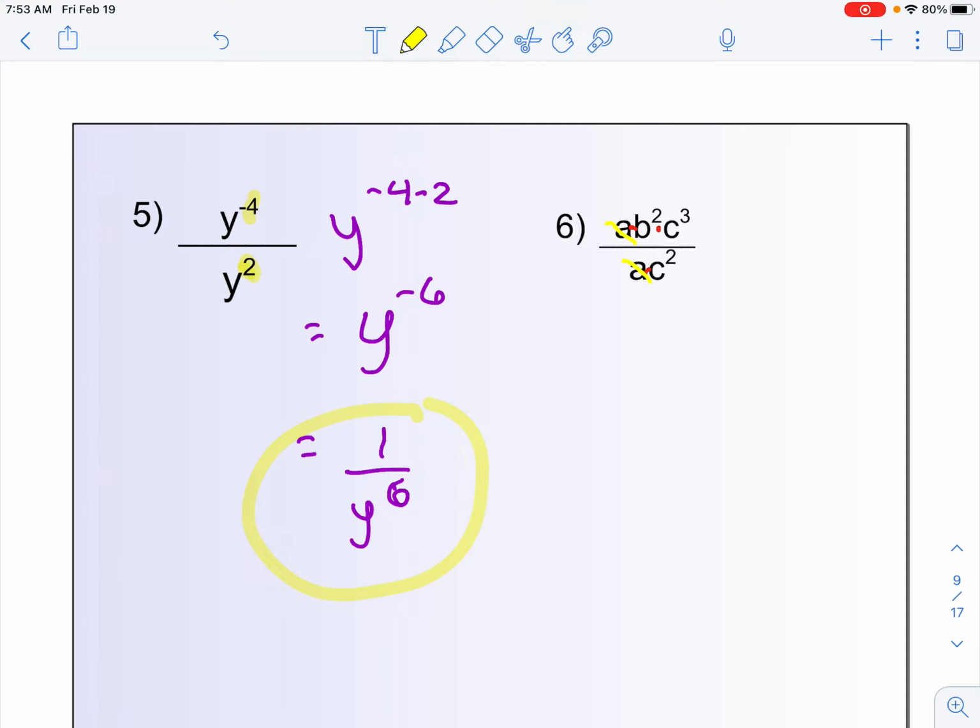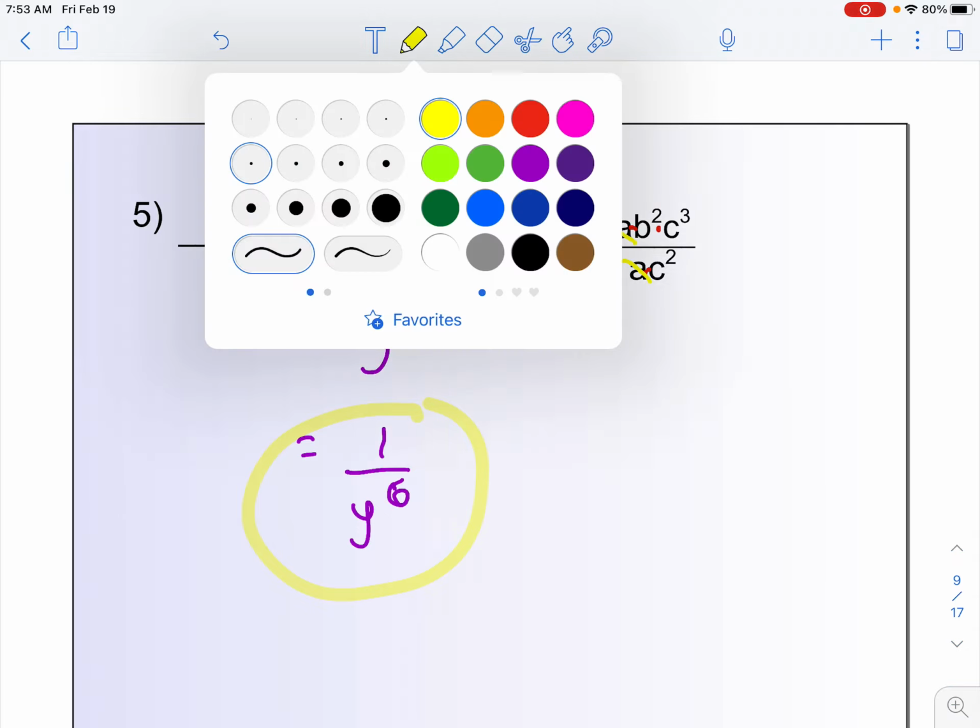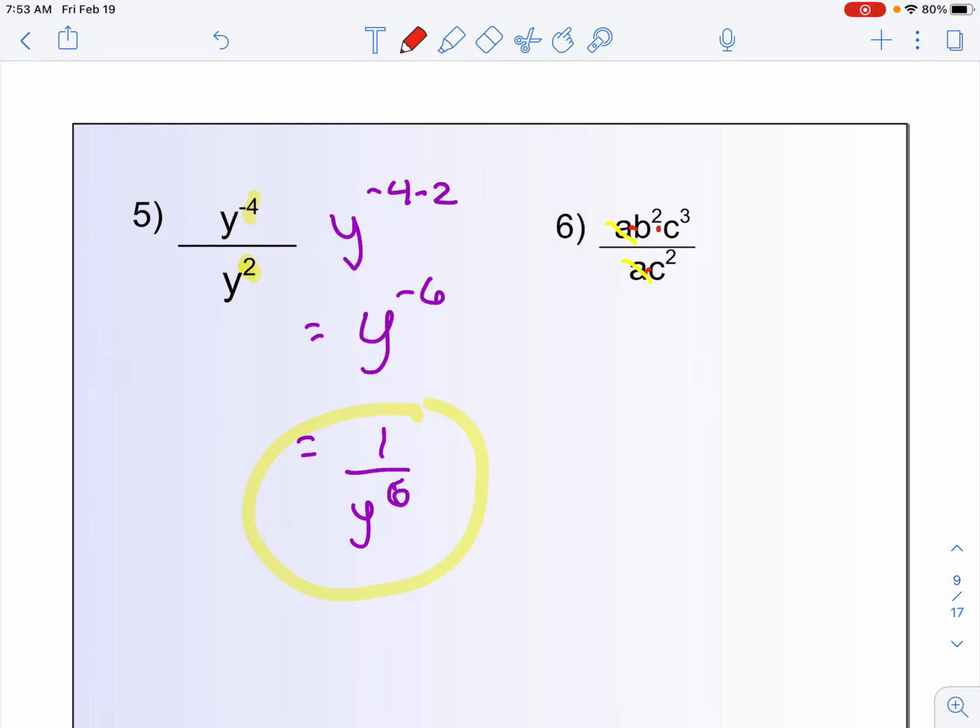Or you can think of it as a to the 1st over a to the 1st, which would be 1 minus 1 is 0. So the a's actually cancel out in this case. Now we don't have any b's to subtract, but our c would be to the 3 minus 2 power, or c to the first power. Of course, we don't really need that 1 in there, but that's how that works out to be.